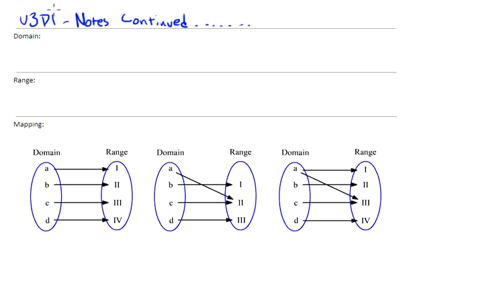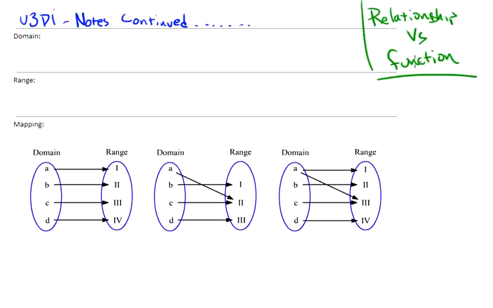So what we talked about in the initial video was the difference between a relationship and a function. Now, what I really want you to remember is that a relationship is literally just a connection, and a function has special rules.